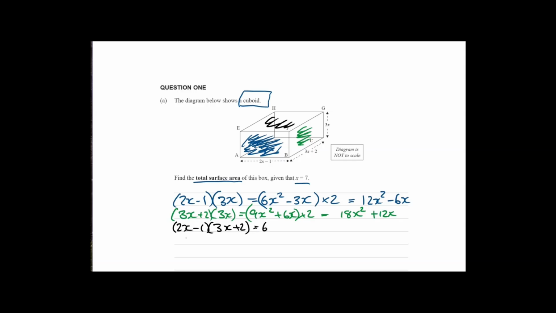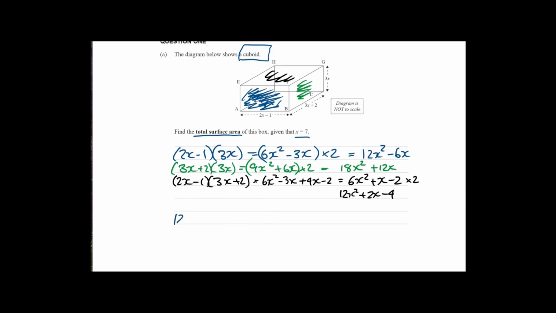Multiplying out the brackets, we get 6x squared minus 3x plus 4x minus 2, which, if we combine everything together, gives 6x squared plus x minus 2. We multiply that by 2 to get 12x squared plus 2x minus 4. Now we can combine all of these terms together and substitute.